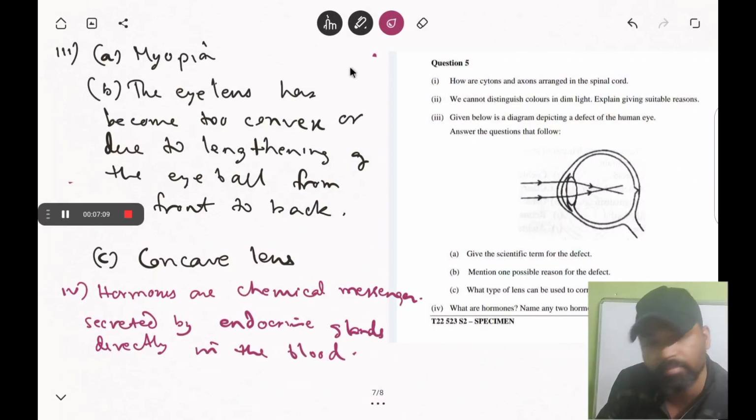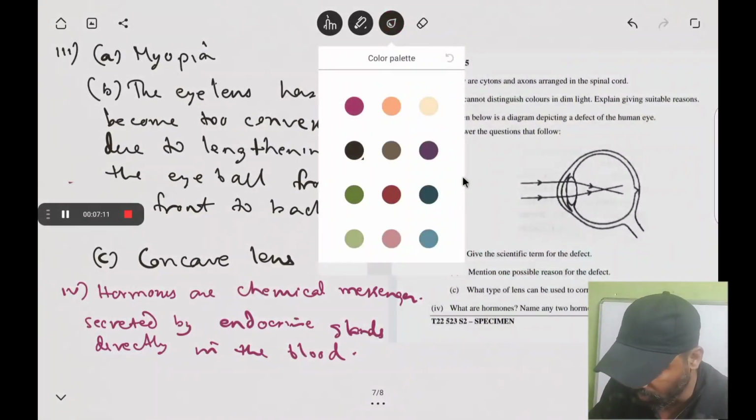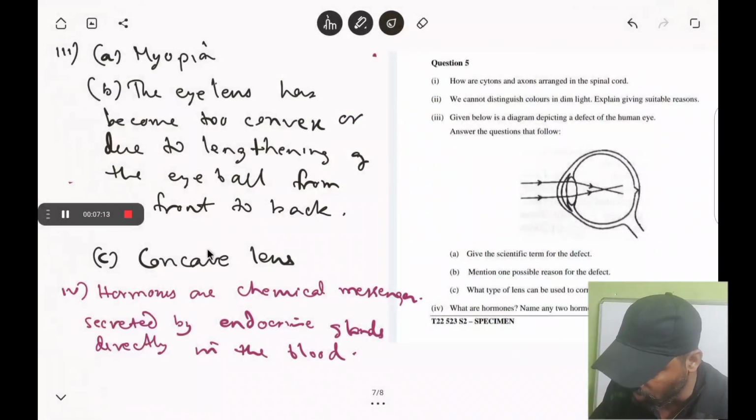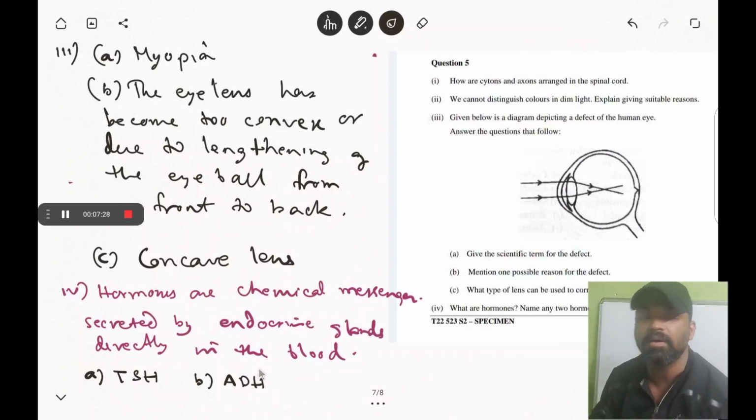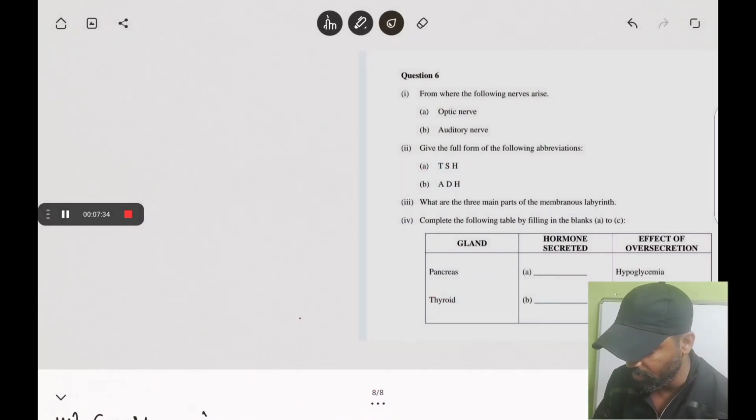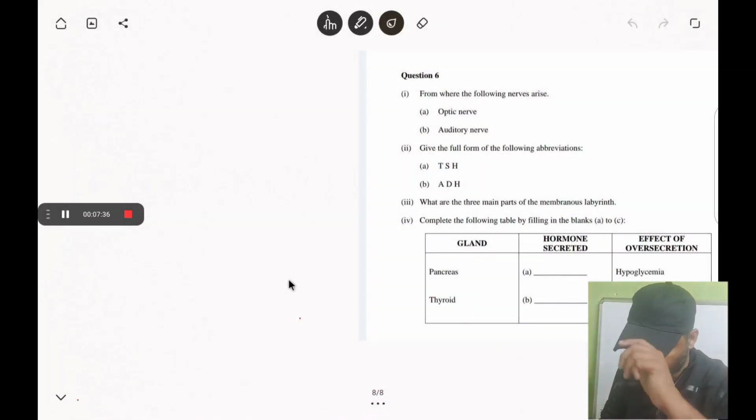That is hormone. Yes or no? And what they have told? Name any 2 hormones secreted by pituitary gland. Very easy. We have TSH, thyroid stimulating hormone, and we have number B, ADH, okay, antidiuretic hormone. So these are the 2 hormones secreted by pituitary gland. Done.